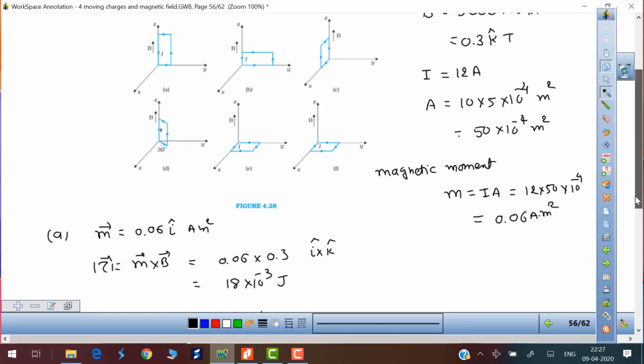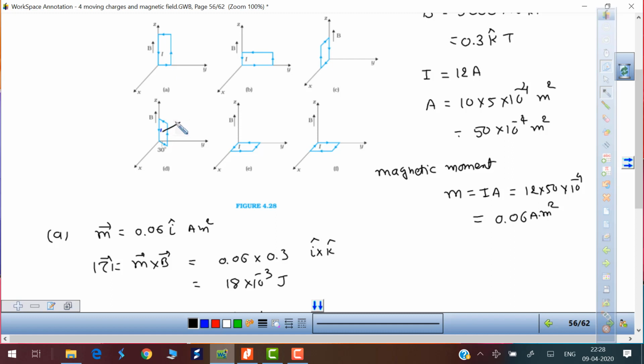If you see the D, B is along this, and this is perpendicular to this one.